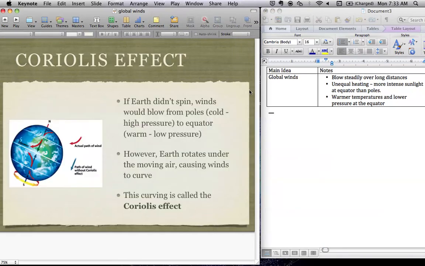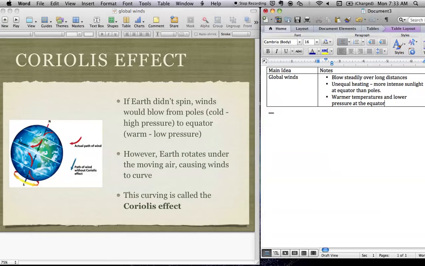We have this other thing that affects the winds that's called the Coriolis effect. And this has to do with the Earth rotating underneath the air as it moves. So if the Earth didn't spin, like we just talked about, wind would blow from the poles, which we said was cold and had high pressure, to the equator, which is warm and has low pressure.